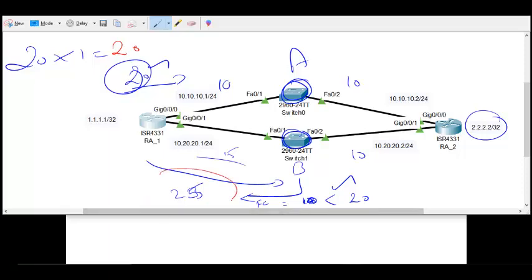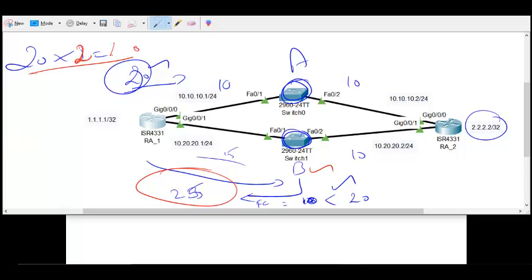But if this path is already there in the topology table, you can simply go to this variance and make it as 2. What is the answer now? 40. If the variance is 2, then multiplier value is 40. What does this mean, you know?